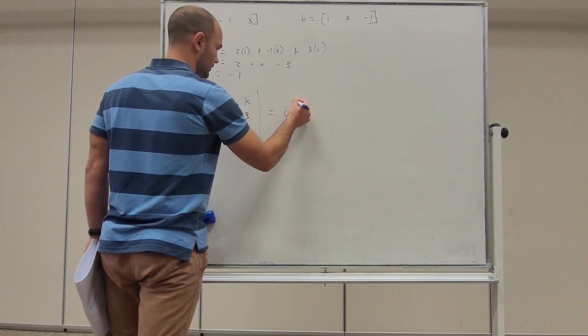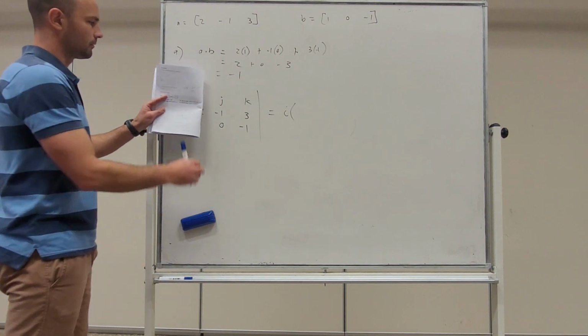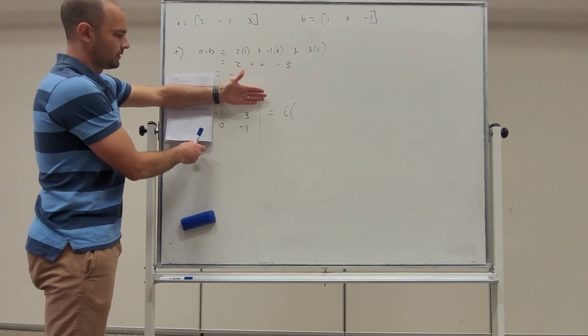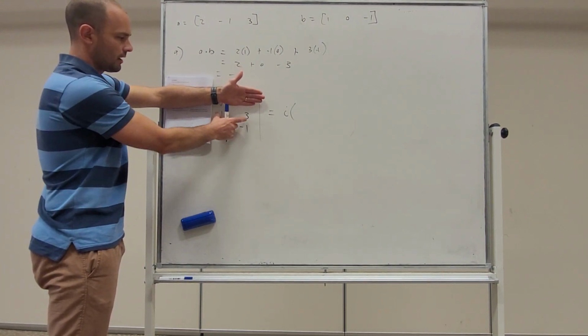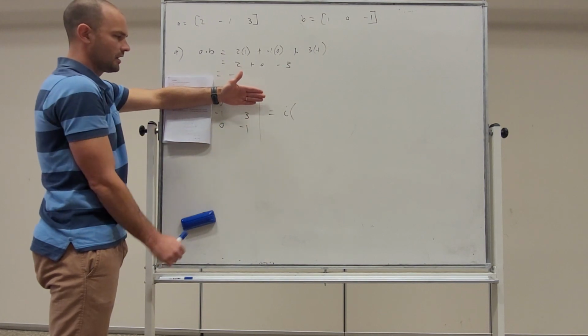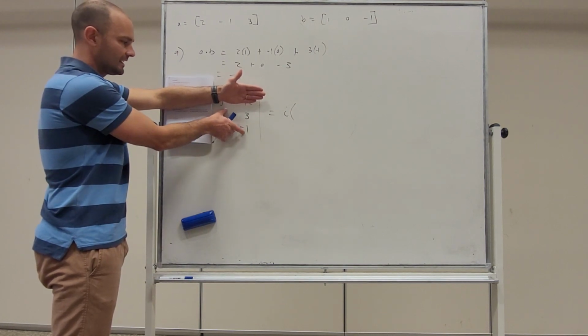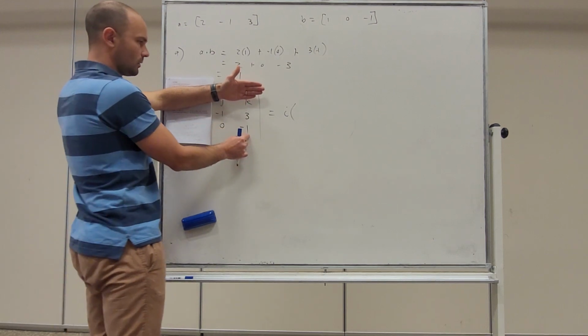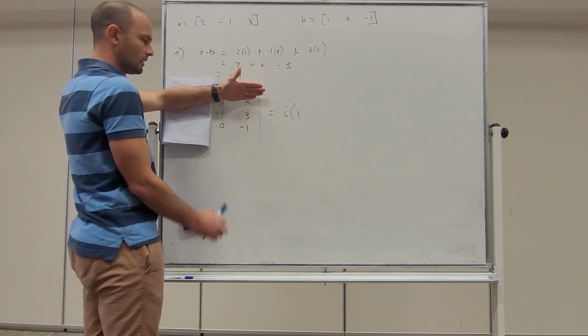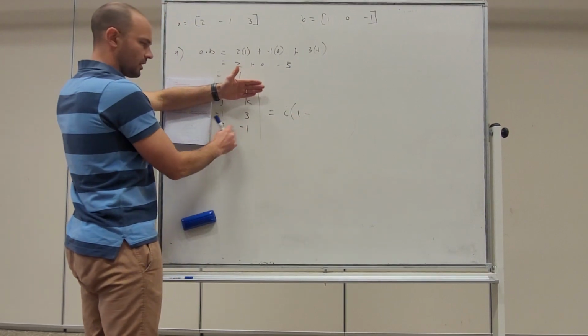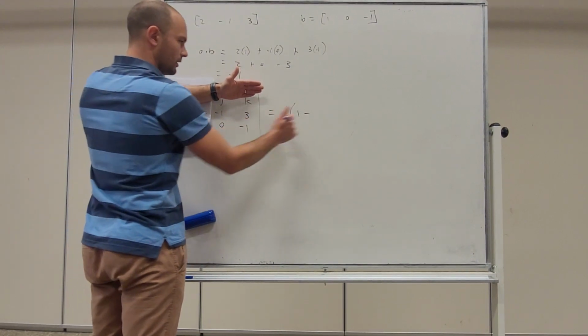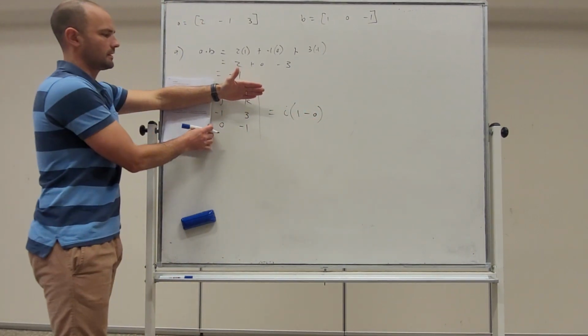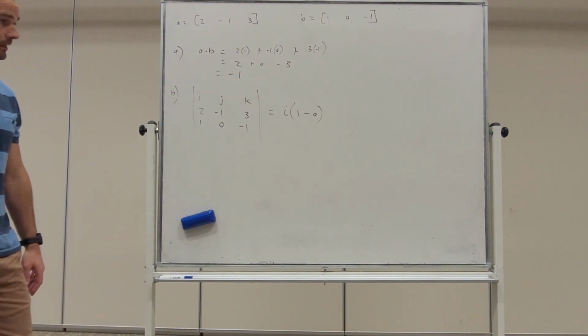We start with i. We cover up the row i and the first column, and we're left with this 2 by 2 matrix, and we do AD take away BC. So minus 1 times minus 1 is 1, take away B times C, 3 times 0, which is 0. That gives us the i component.